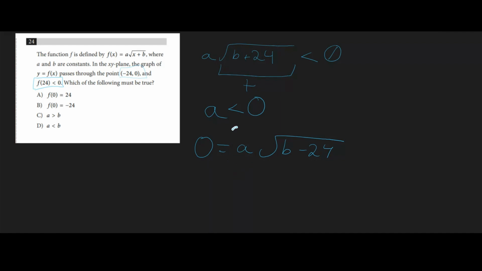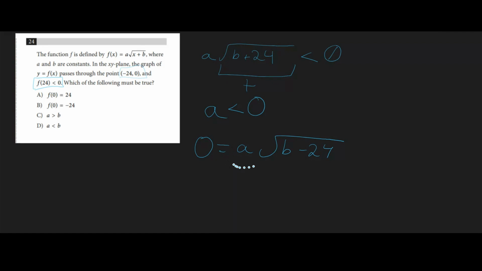And we also know that a has to be some negative number, since a is less than 0. So with that being said, we can figure out that something times a negative number is equal to 0.